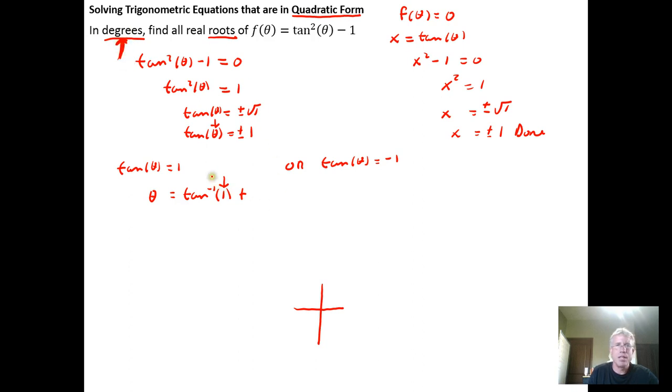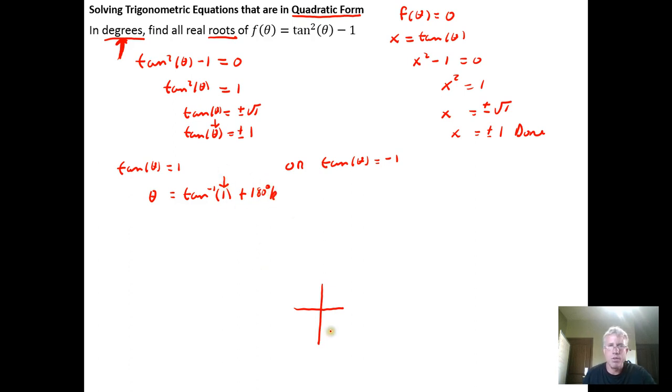So instead of saying that the period of the tangent function is pi radians, we're going to say the period of the tangent function is 180 degrees. So it's going to be this angle plus 180 degrees times k, where k is any integer. The solutions repeat themselves every 180 degrees.